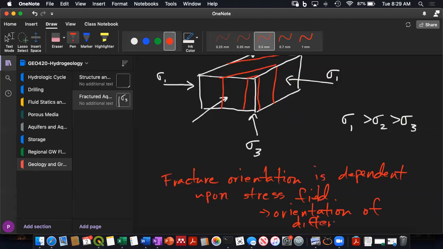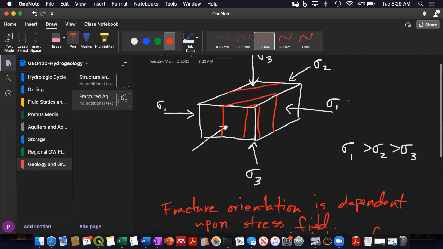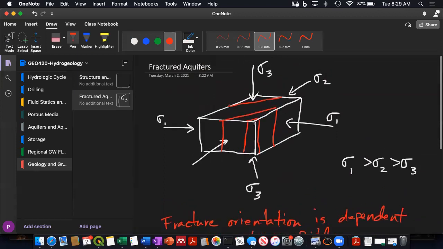When you take a structure class or a geomechanics class, which we don't offer here but are offered at some other universities, you spend a lot of time thinking about how the stress state controls the orientation of fractures. I'm not going to expect you to do any of that in this class.